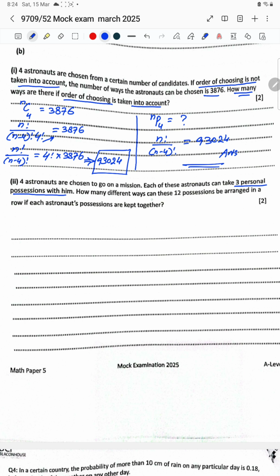How many different ways are there? 12 possessions, because there are 4 astronauts and each has 3 personal possessions. So 3 times 4, total possessions will be 4 times 3, that will be 12.